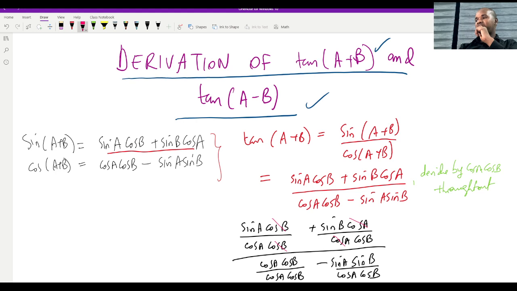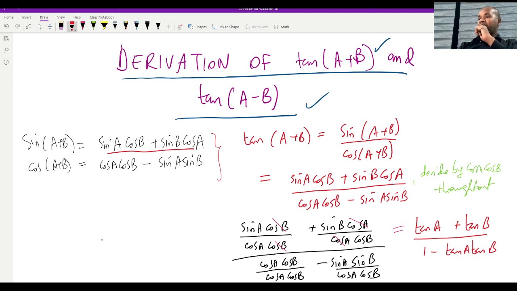So the expression reduces to sine A over cosine A, which is tan A, plus sine B over cosine B, which is tan B, divided by 1 minus sine A over cosine A, that is tan A, times sine B over cosine B, that is tan B.